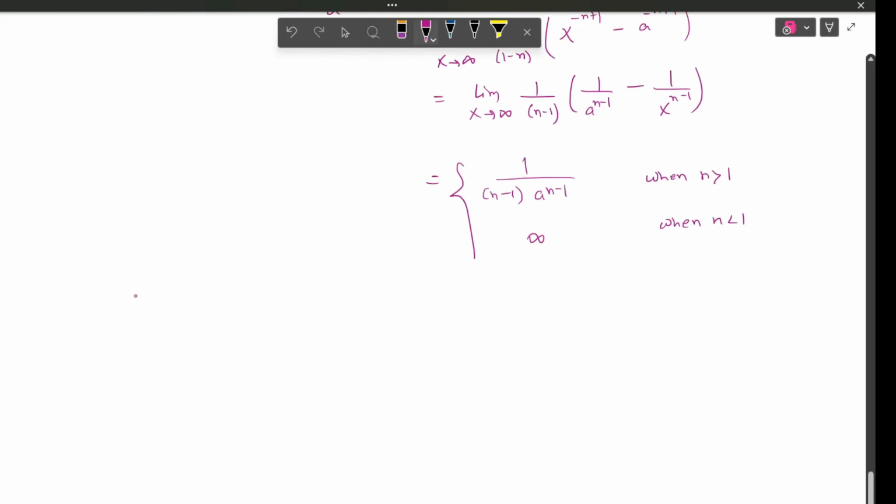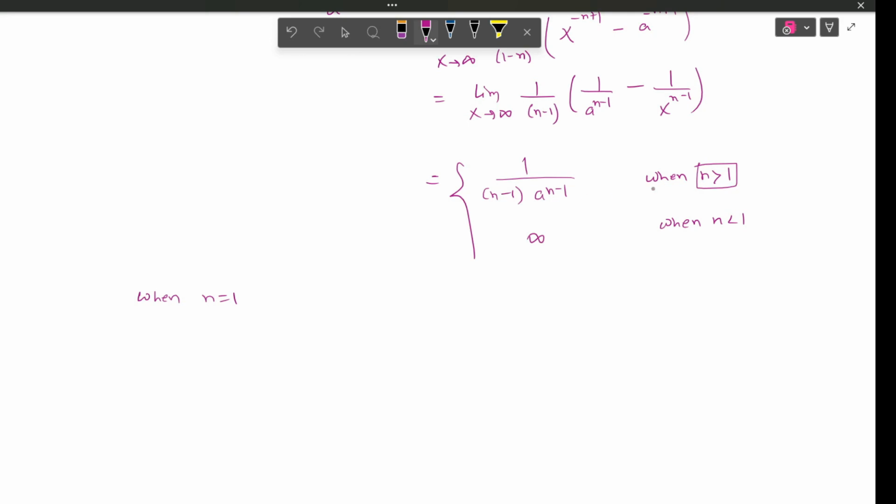See, when n is greater than 1, X to the power n minus 1 is a positive power, so 1 by infinity to the power positive means it will be 0.